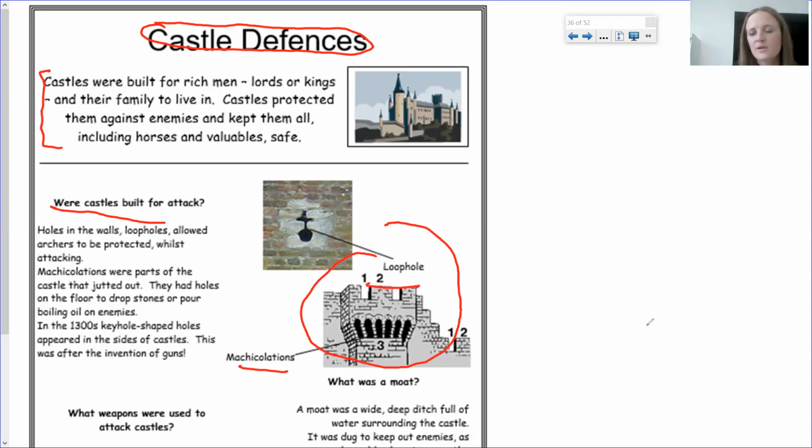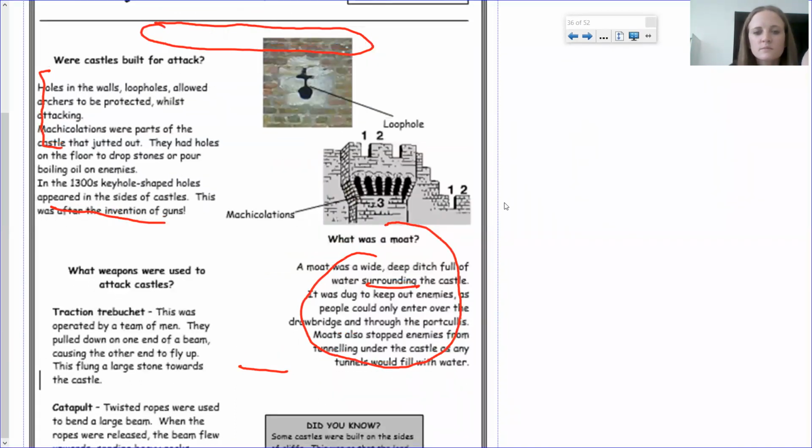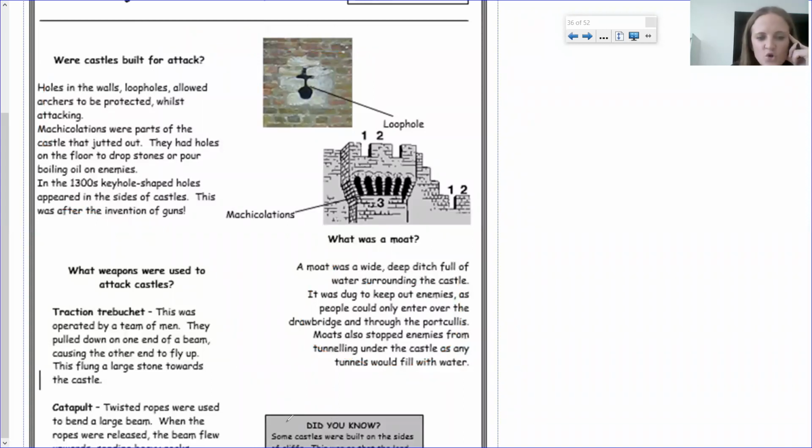If we scroll up a little bit, we can see we've got a did you know box. We've got more information here. So there's my did you know box.